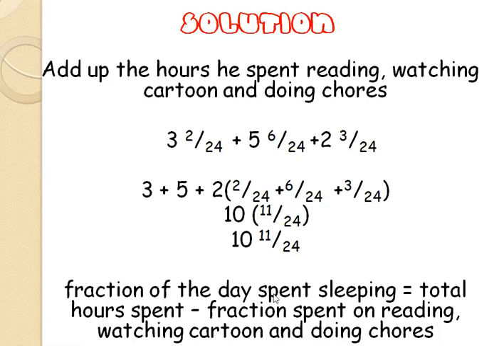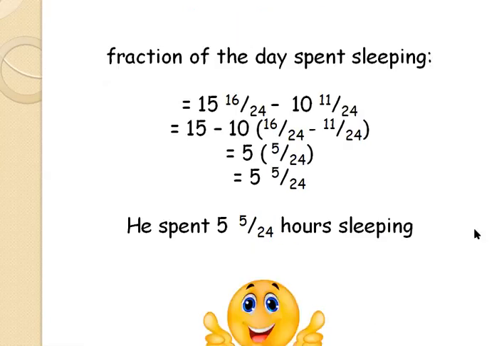So the fraction of the day spent sleeping will be equal to total hours spent minus the hours spent on reading, watching cartoons, and doing chores. So the fraction of the day spent sleeping is 15 whole number 16 over 24 minus 10 whole number 11 over 24. So I'm going to subtract the whole number first, 15 minus 10, and then I subtract the fraction, 16 over 24 minus 11 over 24.